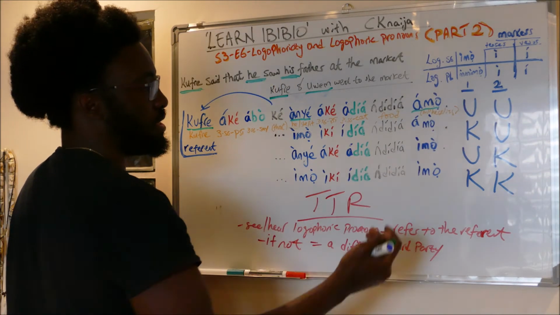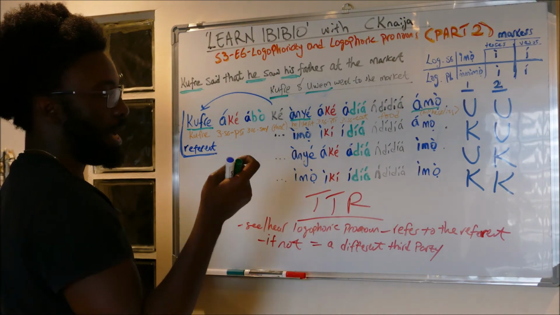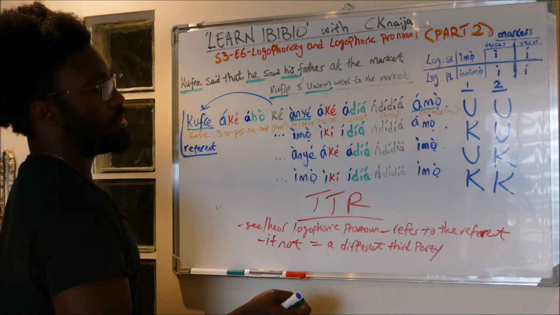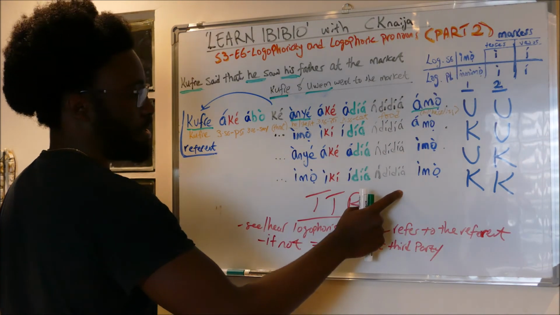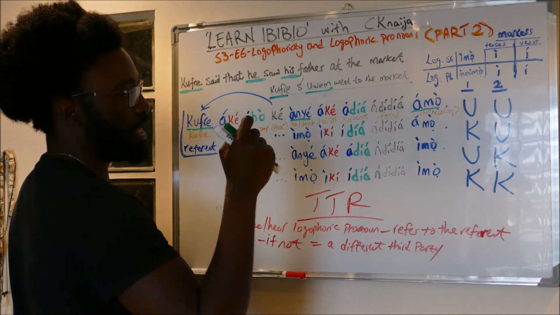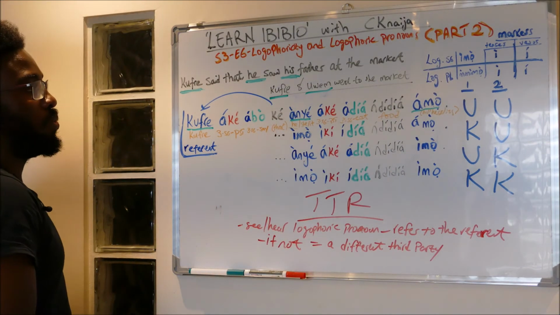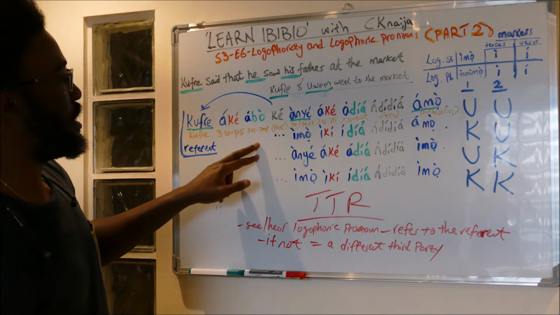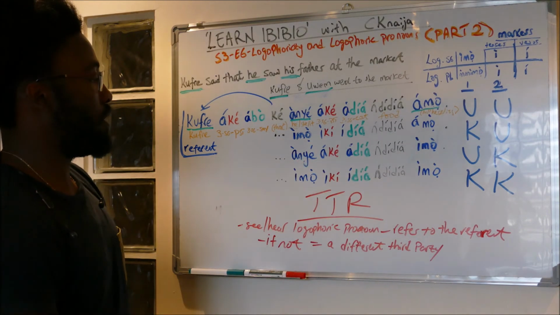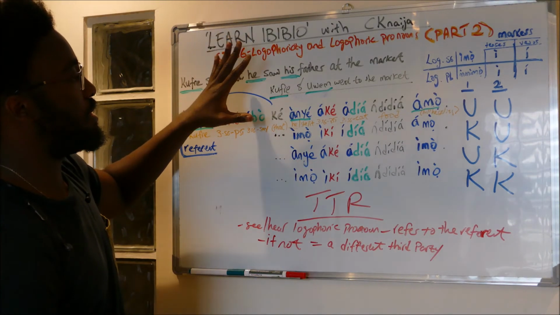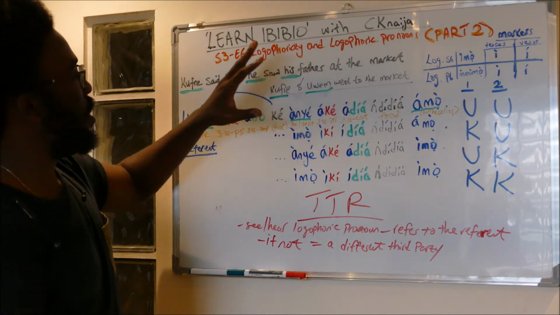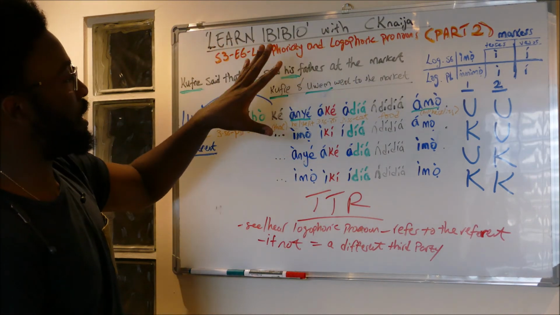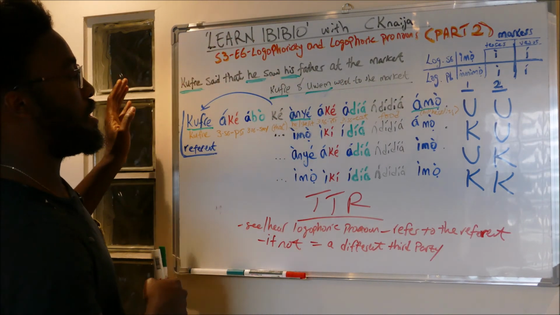But with logophoricity, with the presence or absence of logophoric pronouns or their representations, we can note exactly who is being spoken about, and there is no ambiguity. It gets rid of ambiguity when we are telling stories about other people.